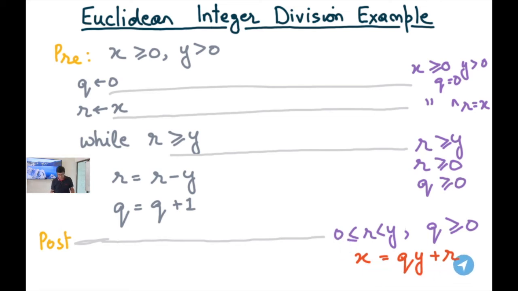And so this is the post condition that I want to prove. This is the property of the program that I want to prove. This is the partial correctness condition that I want to prove.